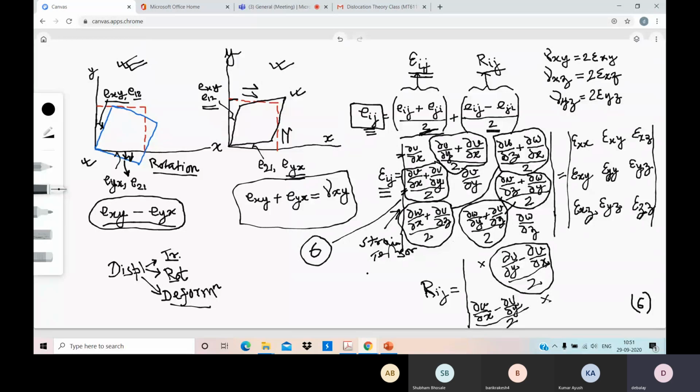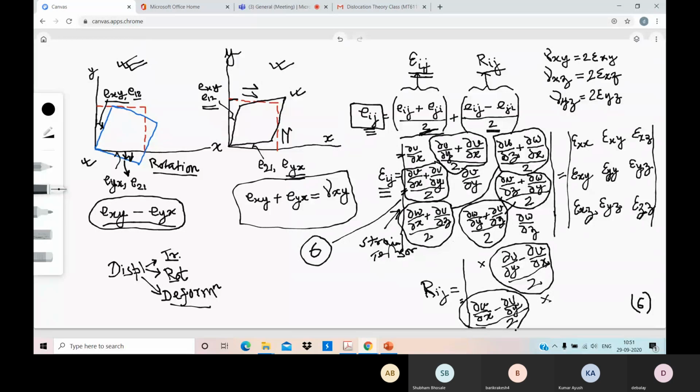like the stress tensor. Look into the rotational tensor Rij. What is the first term of the second row? That term is Eyx minus Exy by 2.